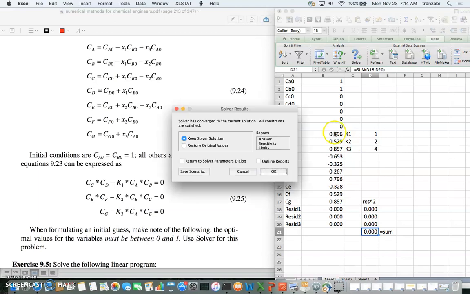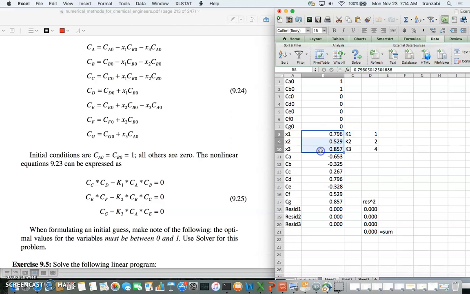And the result we get is this. The solution is found, we're going to keep the solution. This is the extent of reaction, all of them between 0 and 1. But you see a problem here, because now we see the concentrations of A through G, some of them are negative. So this is not acceptable.